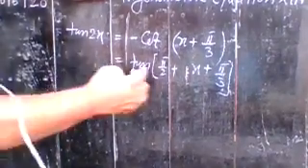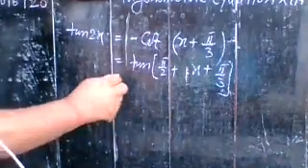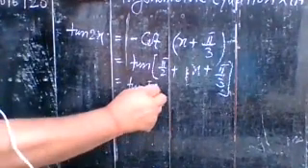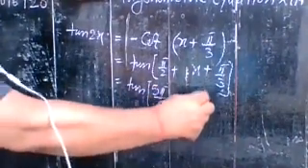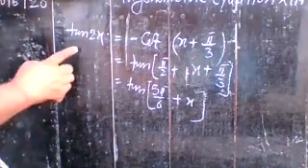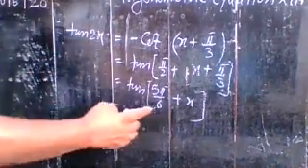Now simplifying pi by 2 and pi by 3 by taking the LCM. So for tan, the LCM is 6, so you have 5 pi by 6 plus x. And here you have the result like that: tan x is equal to tan alpha.